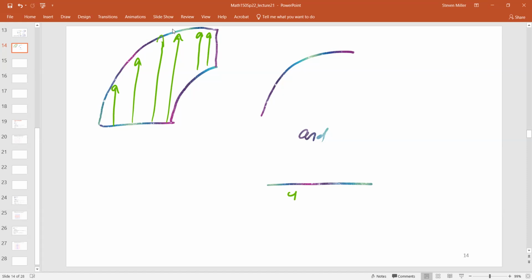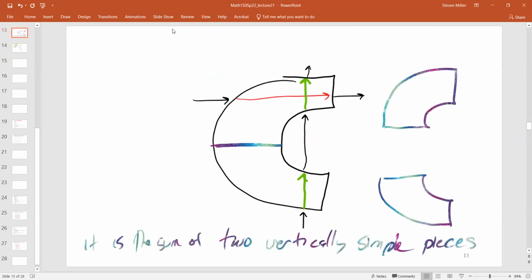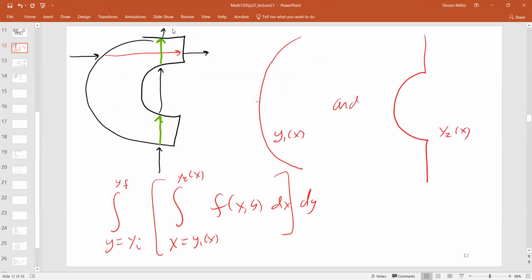So this would be y equals... I'm choosing a value of x. So y is equal to... I just want to make sure I use consistent notations. Over here, we said x went from y1 of x to y2 of x. So now I want x.